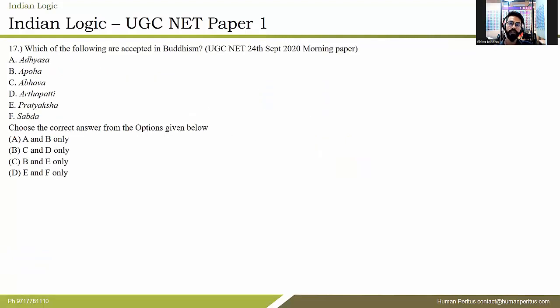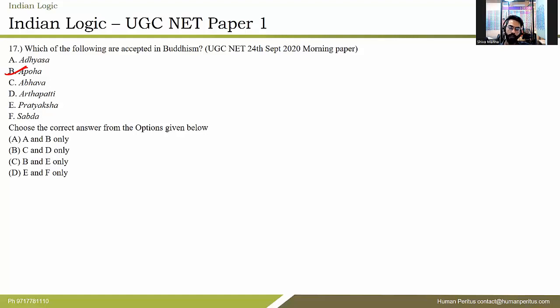The next, which of the following are accepted in Buddhism? The options are Adhasya, Apoha, Abhava, Arthapatti, Pratyaksha and Shabda. Right? So in Buddhism, we all know that Apoha theory has been accepted.